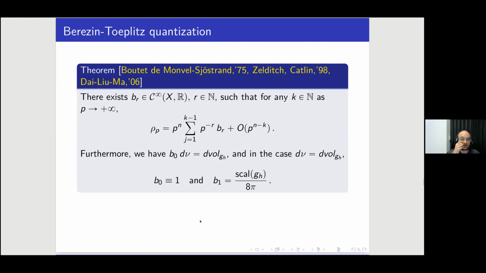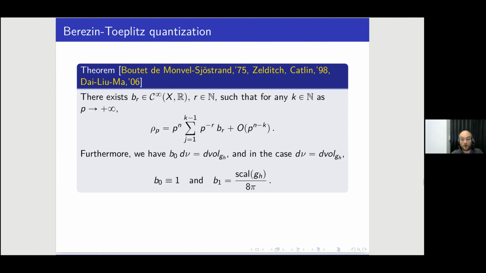Basic results about this density of states follow from work of Boutet de Monvel-Sjöstrand, which was noticed by Zelditch and Catlin. But here I will tell you a generalized version due to Dai, Liu and Ma: this density of states admits an asymptotic expansion in powers of p when p tends to infinity.